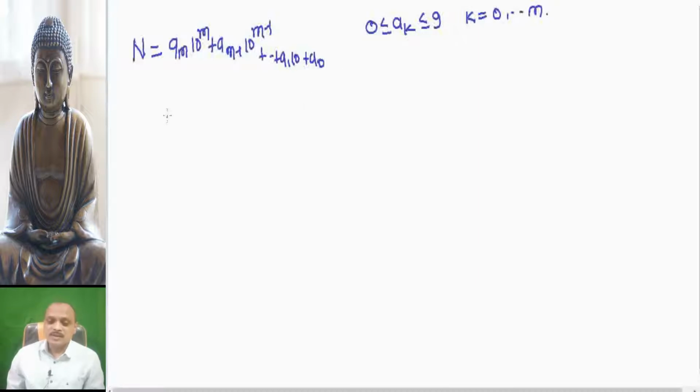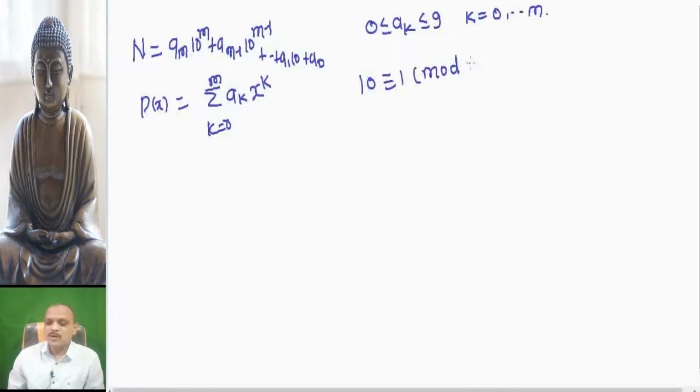Then friends, suppose this is a polynomial. We know that if we have a polynomial p of x equal to the summation of a_k x raised to k, k equal to 0 to m, and we know that 10 is congruent to 1 modulo 9.